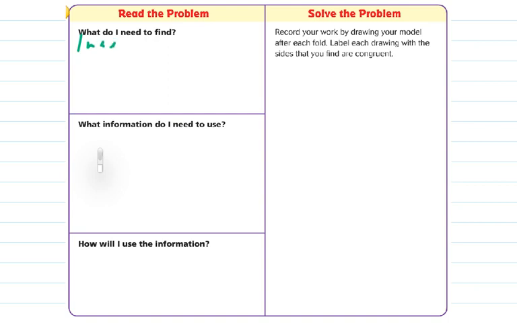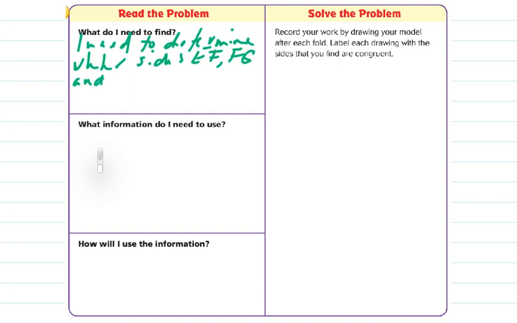I need to determine whether sides EF, FG and GE have the same length. And we need to do that because we don't have a ruler and we can't measure the actual triangle.